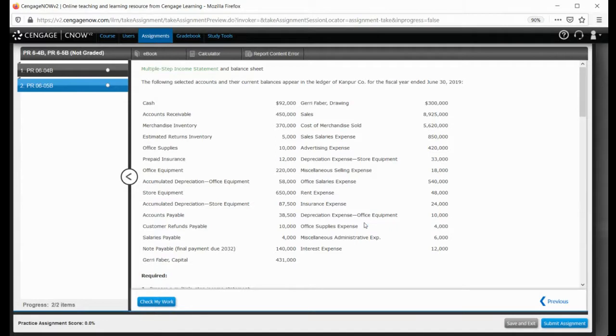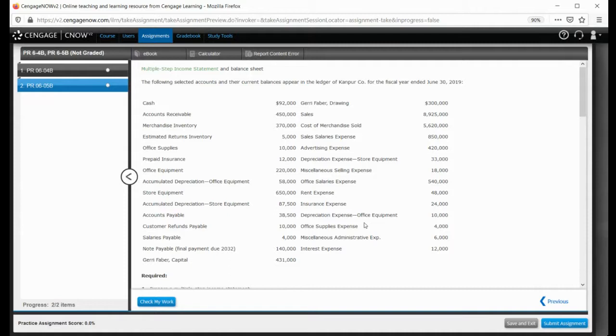Then we're going to split this multi-step income statement down into determining gross profit, and gross profit will be the profit before you record any operating expenses.